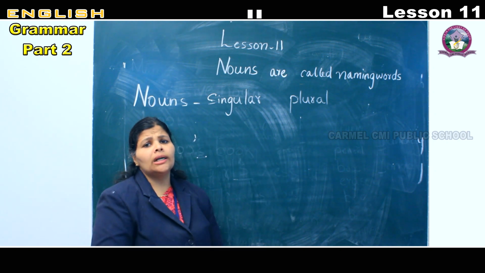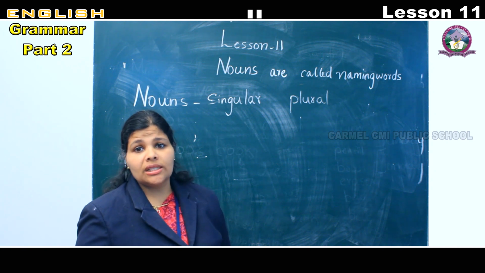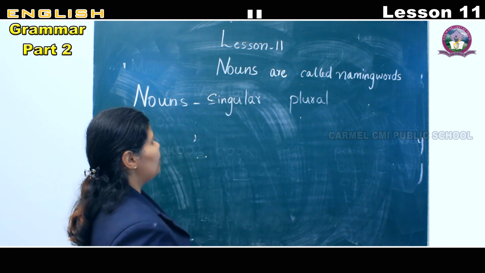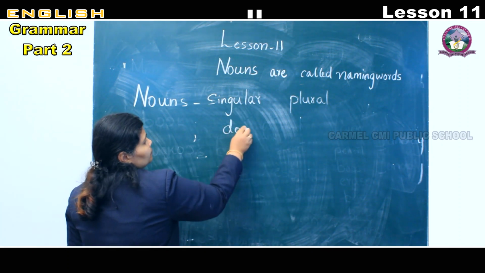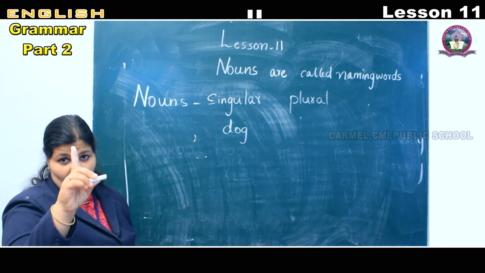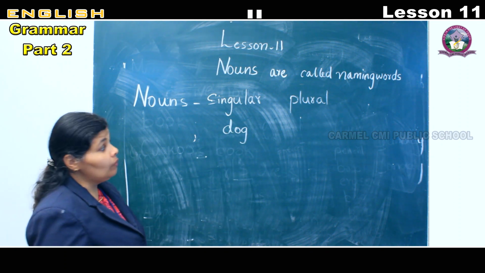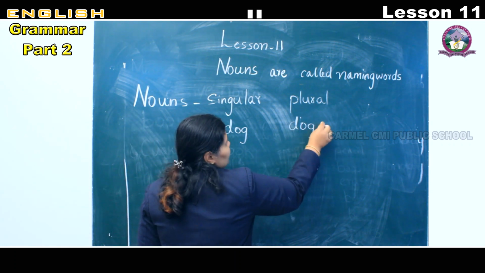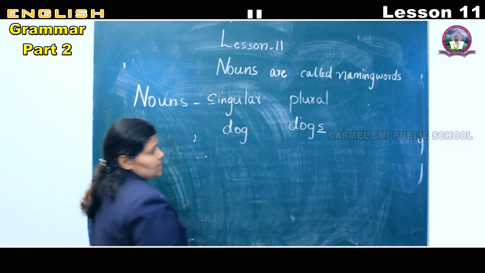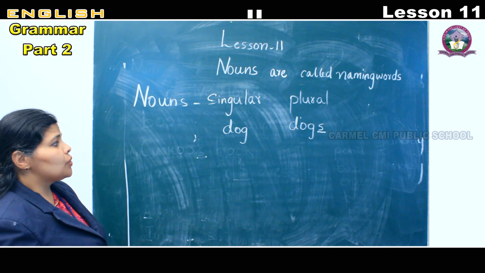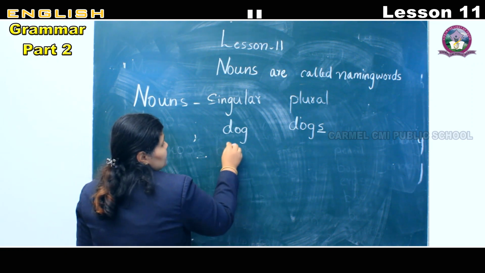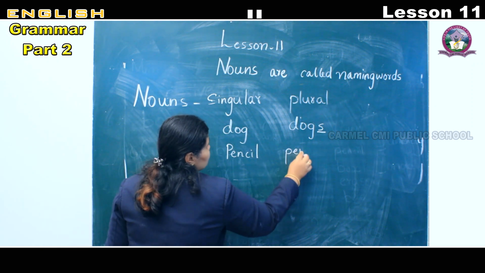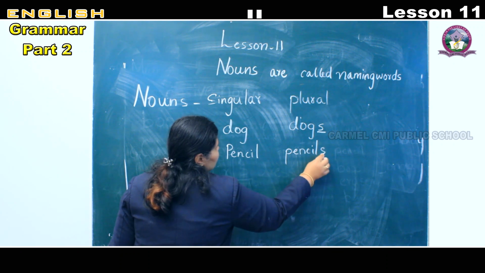Now, we have already learned in class 1. When it is singular, only the word is there. For example, dog. Now, how many dogs? One. When there are more than one, what will come? We add s. So, pencil, pencils.